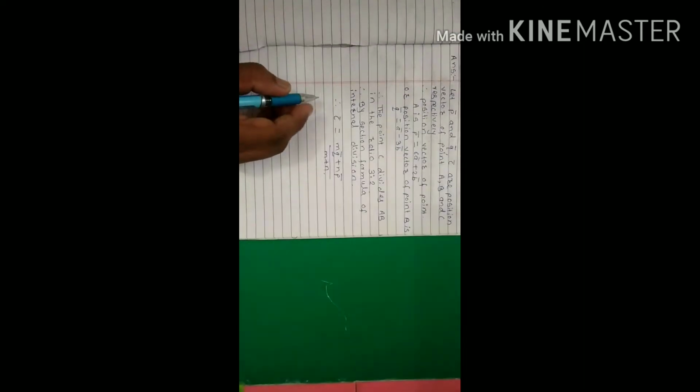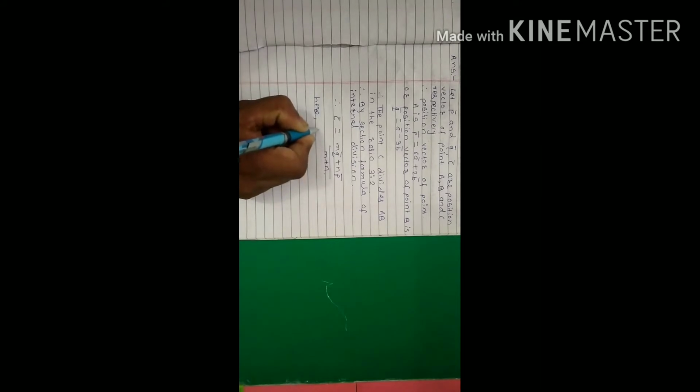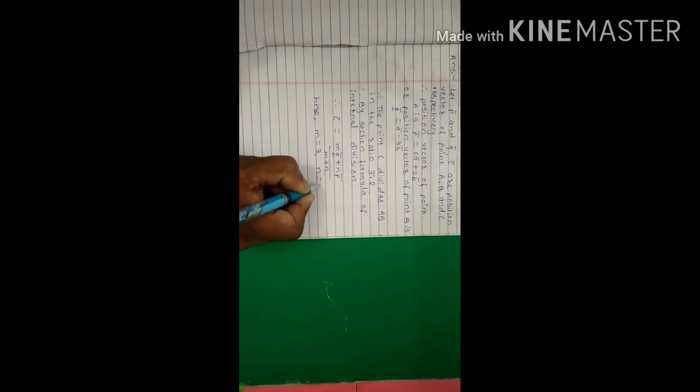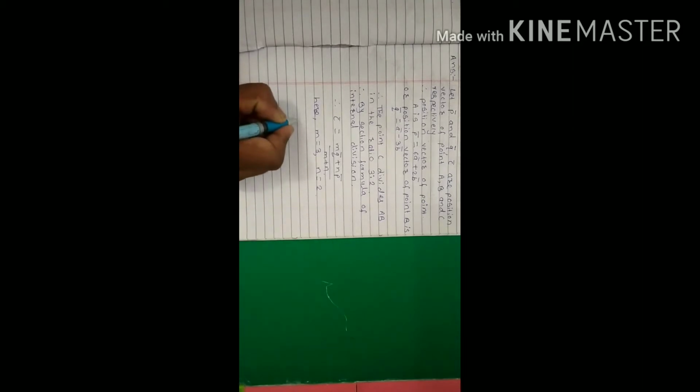The value of m is equal to 3, n is equal to 2, and p bar is 6a bar plus 2b bar and q bar is a bar minus 3b bar.